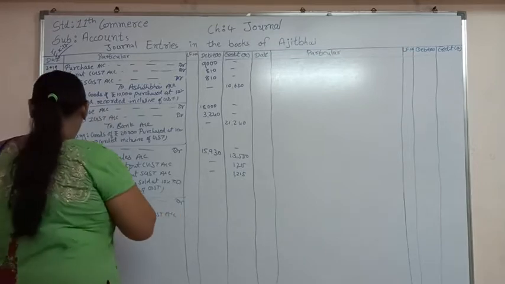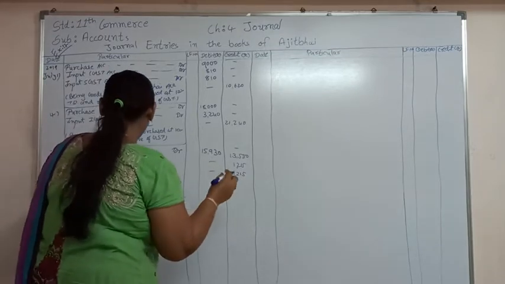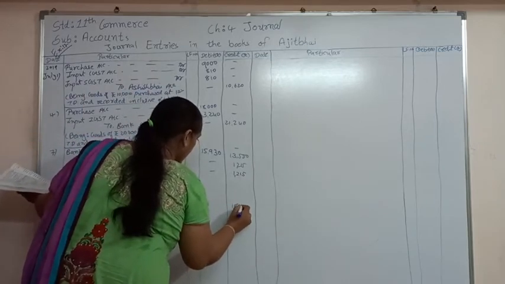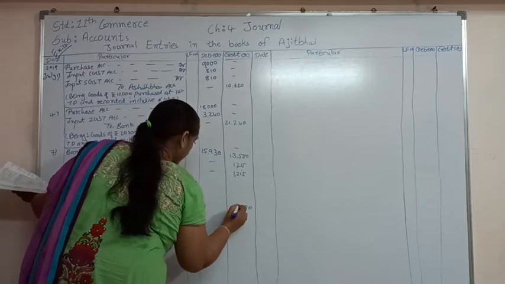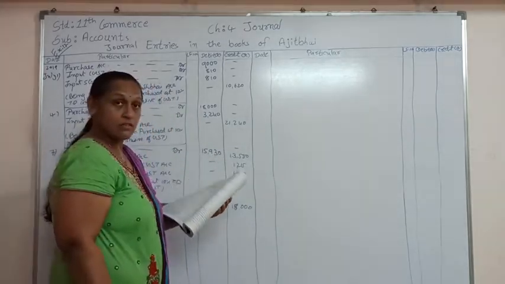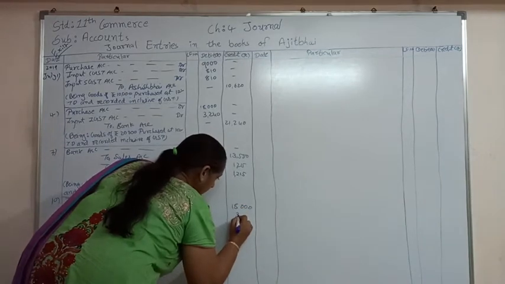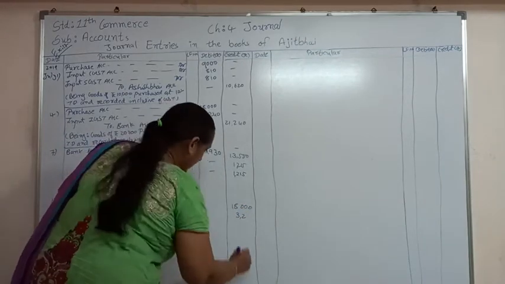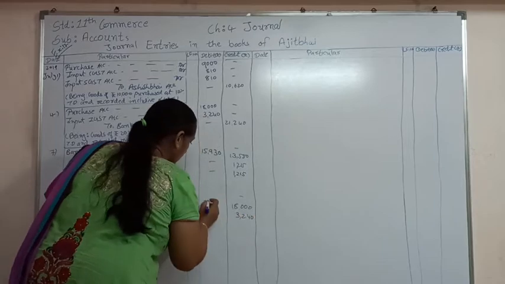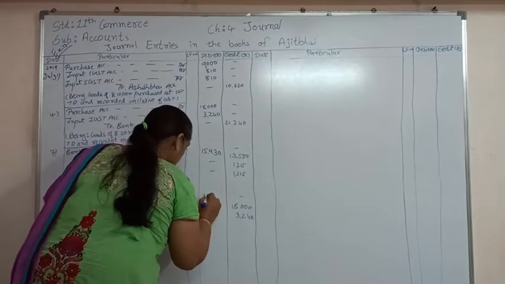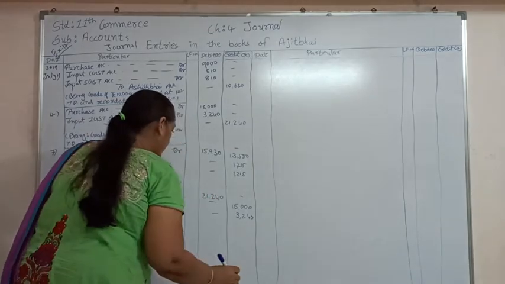And here sales is of rupees 20,000 with 10% trade discount, so it will be on 18,000, and 18% of 18,000 will be 3,240. All together we are going to write on the Indrajit account, that is 21,240.